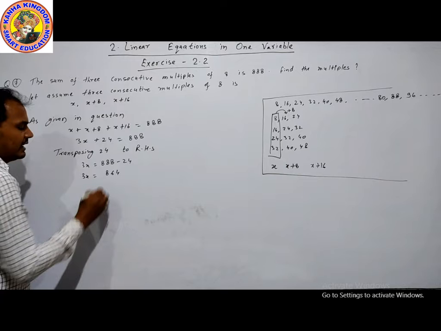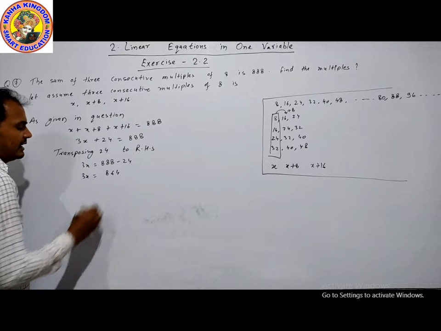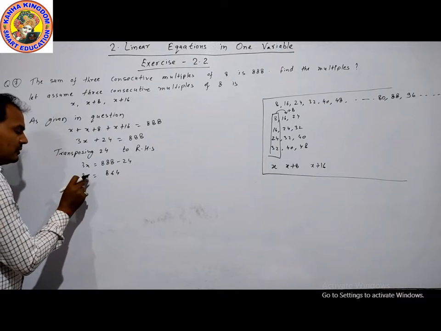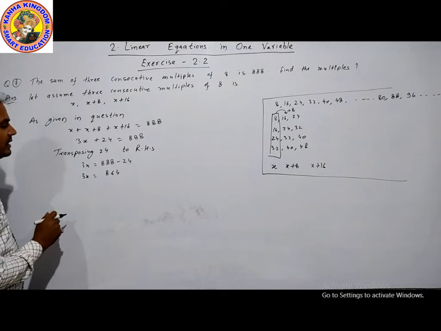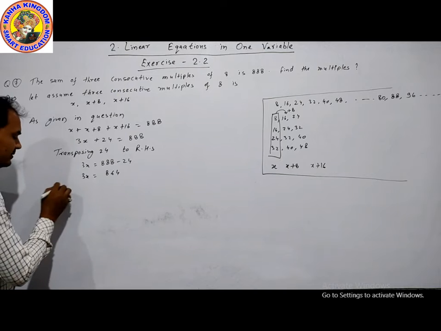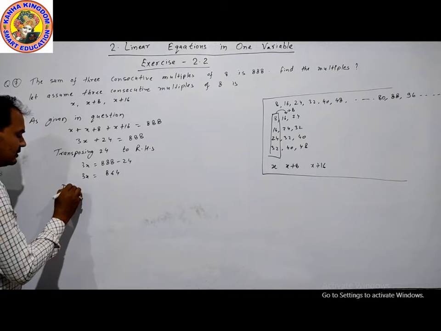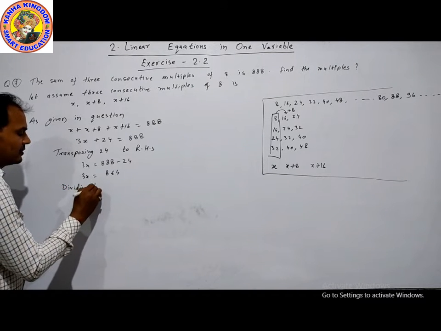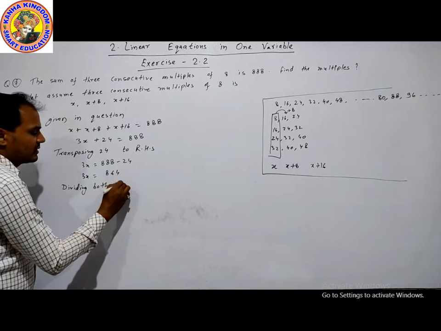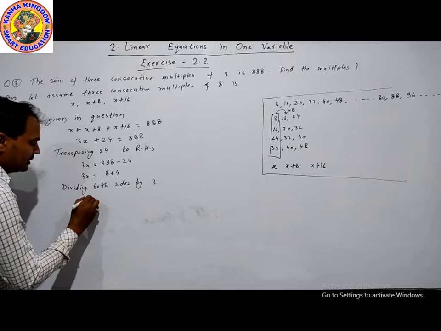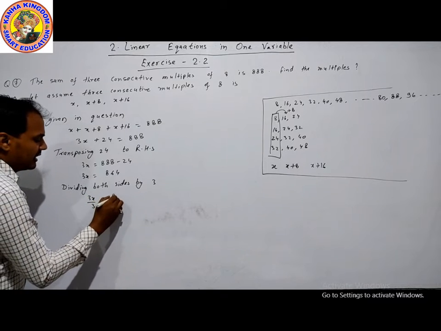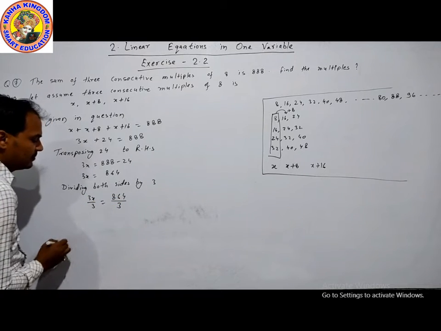3x is equal to 864. Now we will find the value of x, but this is multiplied by 3, so we divide this equation by 3. Dividing both sides by 3, 3x divided by 3 and 864 divided by 3.